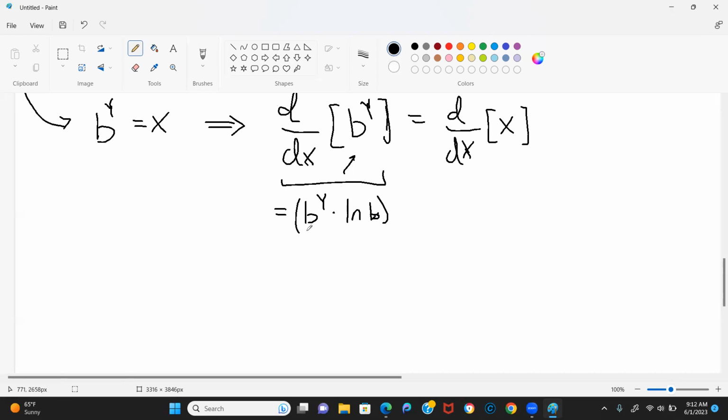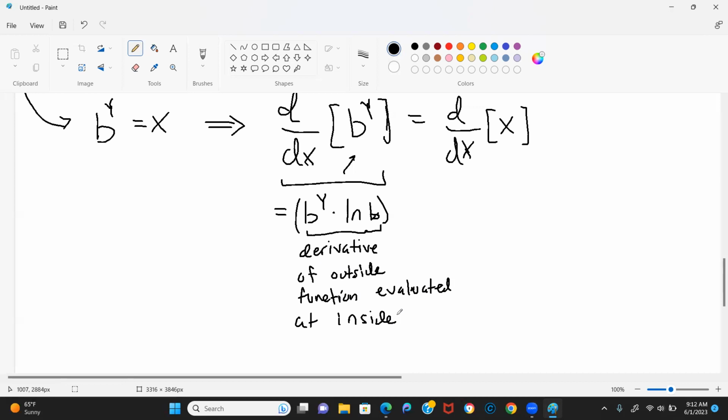This is the derivative of the outside function, evaluated at the inside function, and our inside function is y. But the chain rule says we need to multiply by the derivative of the inside function, and that's just dy/dx.